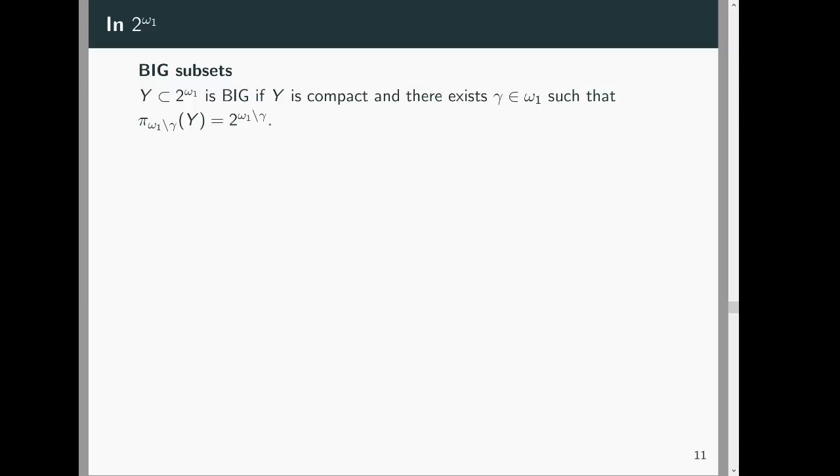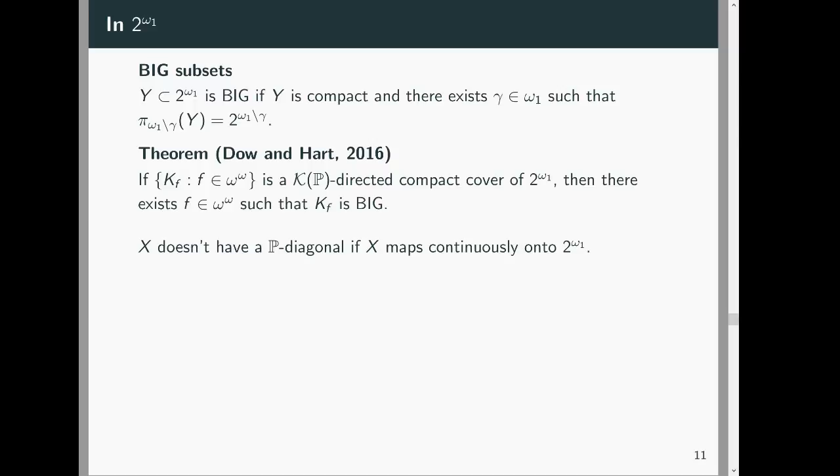If Y here is big, which means after some kappa, the projection on 2 to omega gives you everything. So that's very big. And they proved if you have a KP directed compact cover of 2 to omega 1, then this is big.